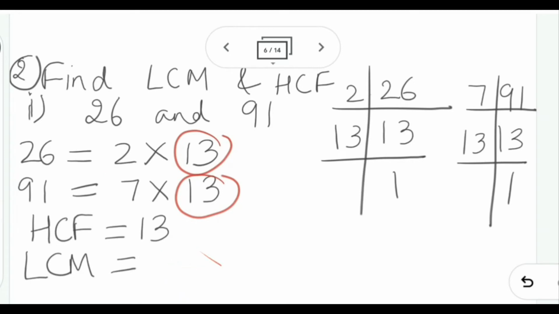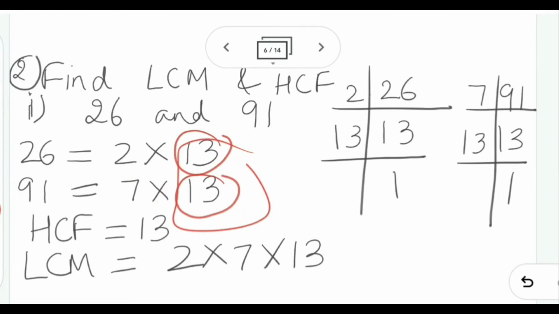2 into 7 into 13. Whatever numbers we have not circled, we will write in the LCM, and whatever we have circled, whatever is common, we will write one time, and whatever is left will also come. So in case of LCM, we will write all the prime factors with their lowest possible power.